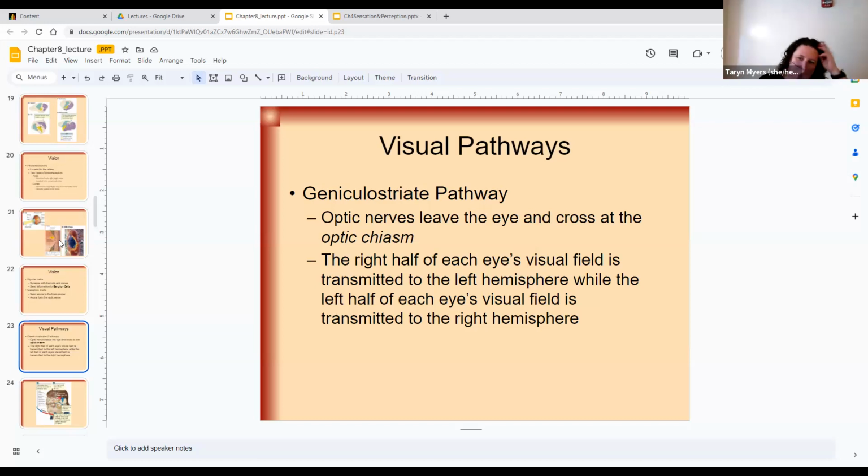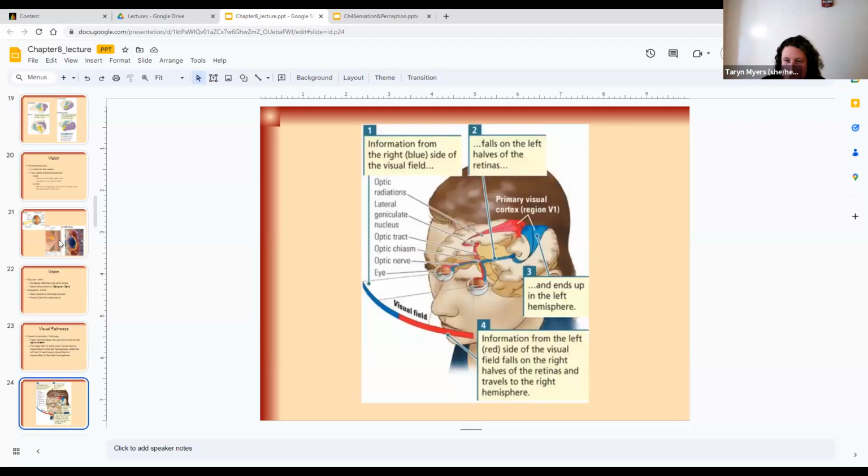And this is the part we looked at before where things are crossing at the optic chiasm. And so you've got everything for the right side and everything for the left side going together. And so again, going here, crossing over so that your primary visual cortex can integrate that information, make it make sense, basically.